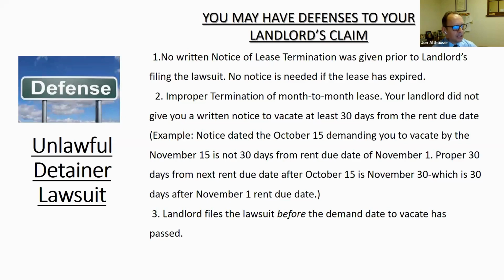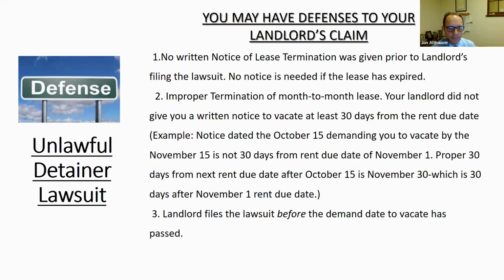But if you get it on November 30th, it's the same thing. So depending on when you receive the notice, you could have almost 2 months, or just over a month, to vacate. Now, that statute that governs that can be modified by the lease.